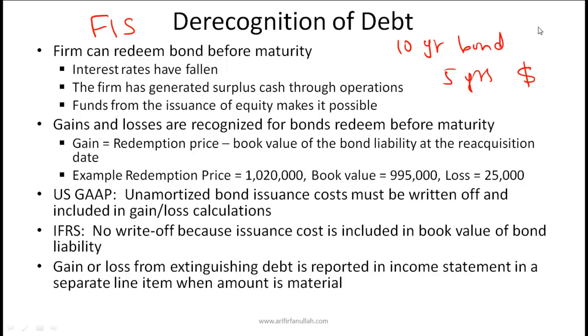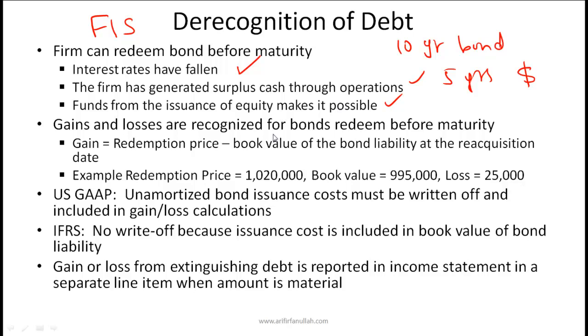So the investor gives the bond back to the firm, the firm gives money to the investor, and the bond has been derecognized. This might happen when interest rates have fallen, or the firm has generated surplus cash through operations, or funds from the issuance of equity make this possible. So there can be a host of reasons.